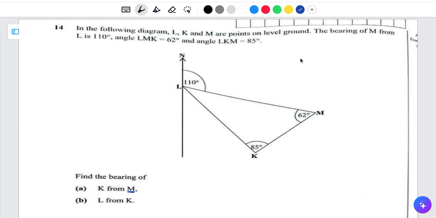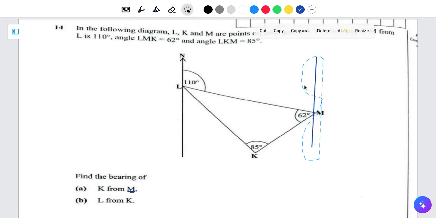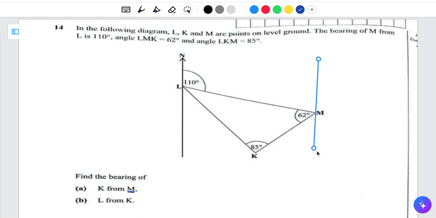Then I need to do this, at least like this. Of course, we are supposed to start from somewhere there. Okay, so this is our north line. So I need to indicate here that I have a north line. So I'm starting from the north of M going to K. So I'm finding this bearing here.